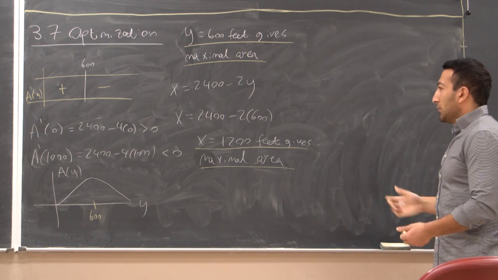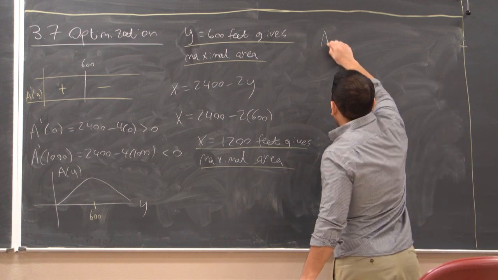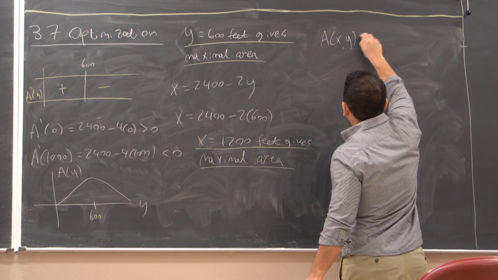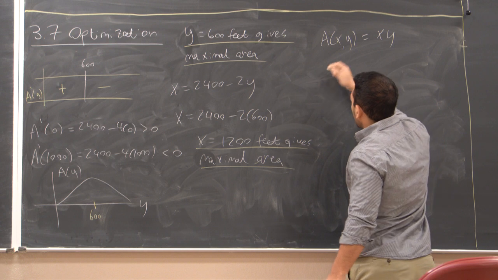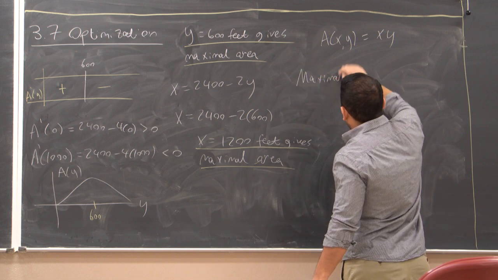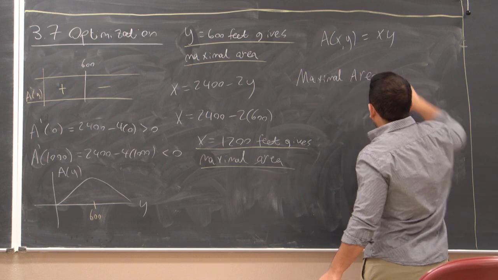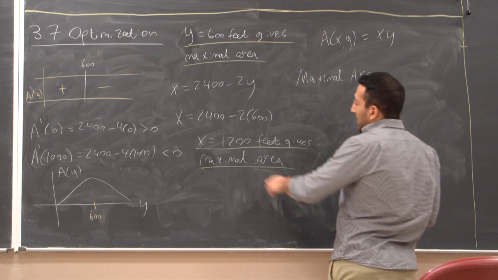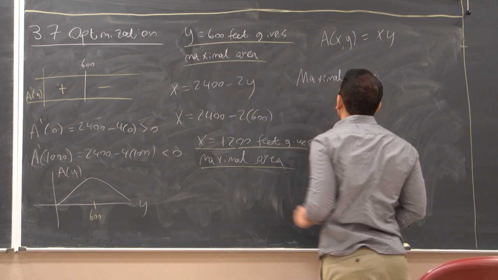So now what you could do is you could say that, remember, area was x times y, so you know the maximal area would come from just plugging this in for x and that in for y.